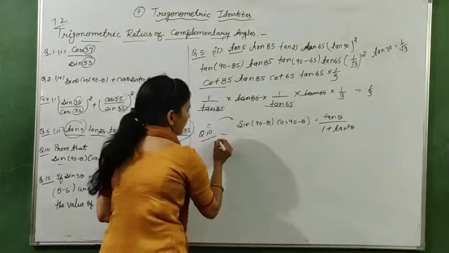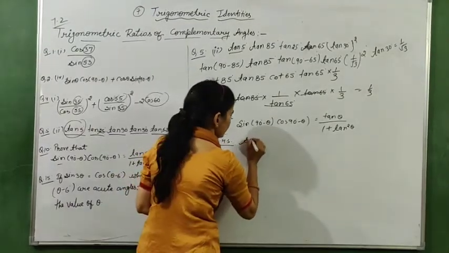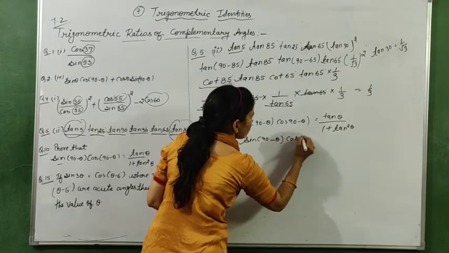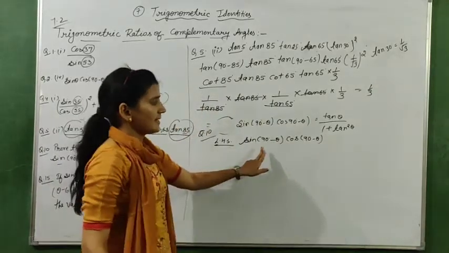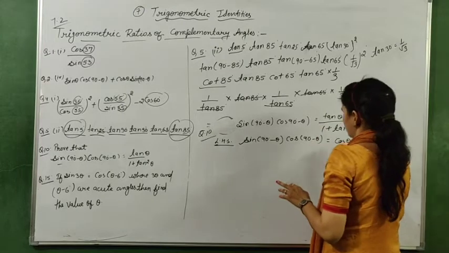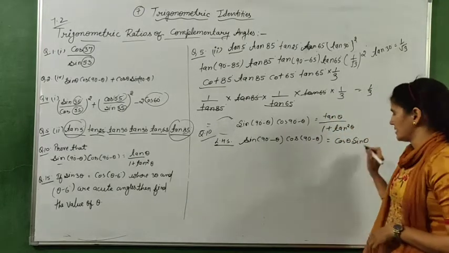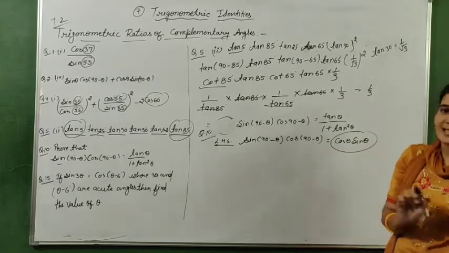So firstly, the left hand side is sin of 90 degree minus theta into cos of 90 degree minus theta. Students, sin of 90 minus theta is equal to cos theta, and cos of 90 minus theta is equal to sin theta. So our left hand side is cos theta into sin theta.